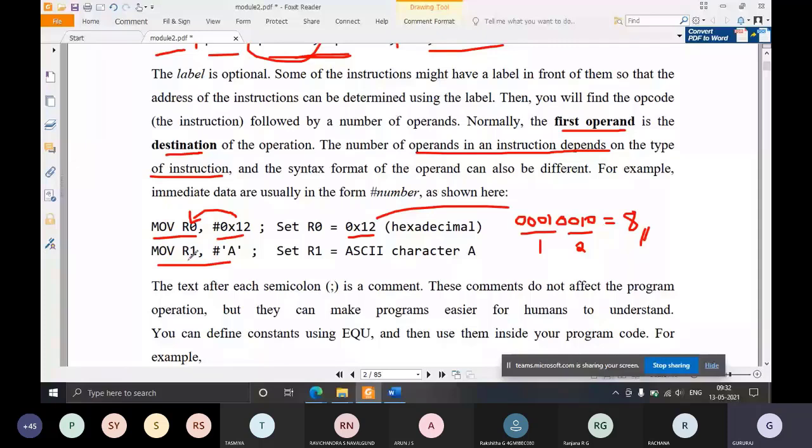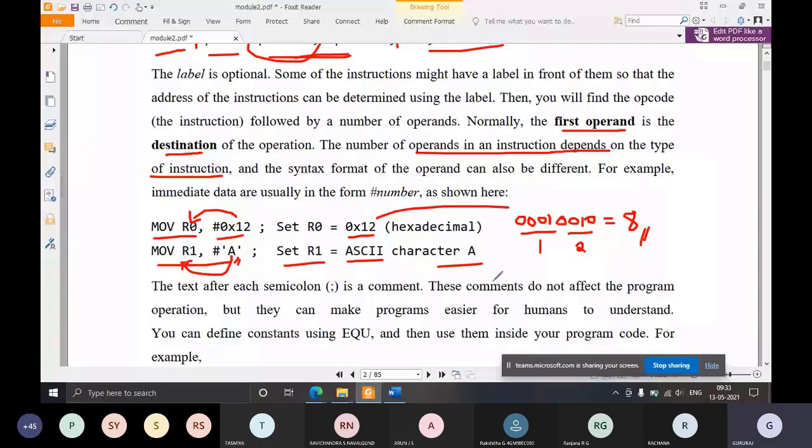Whenever you use a particular alphabet within single quotes, the ASCII value of this character will be moved to R1. So R1 will be loaded with the ASCII value of capital A. You are already familiar with ASCII values of all the characters, including numbers and special characters.